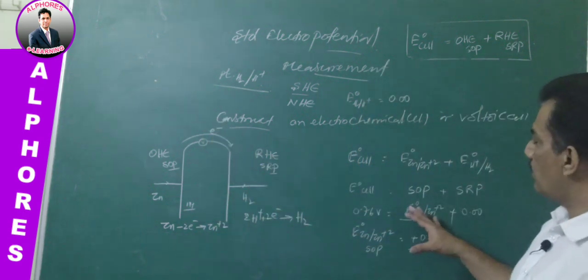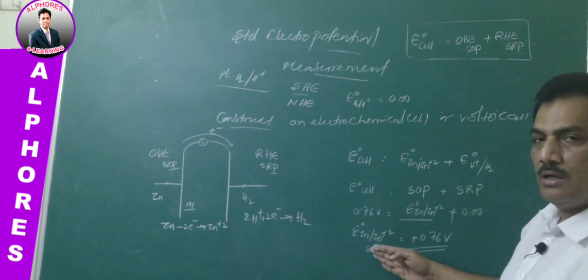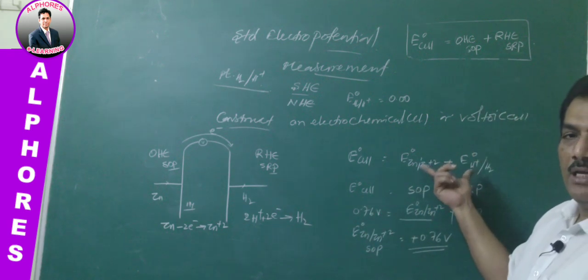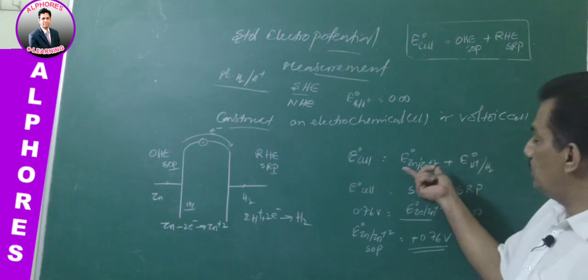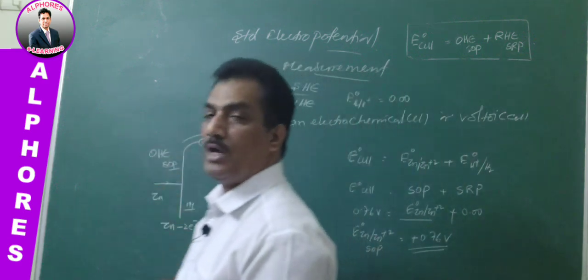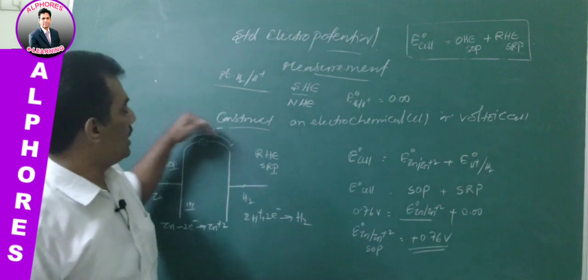In that voltmeter reading, the E cell we are getting is nothing but the sum of these two phenomena. And here we observe that zinc is undergoing oxidation, just from the direction of migration of the electrons.